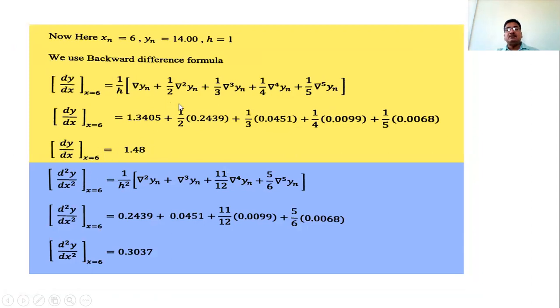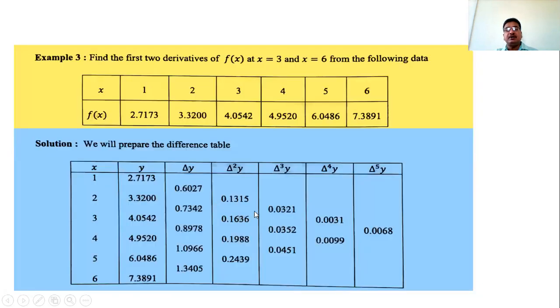And this is the notation del, whereas in the forward table there is the notation delta. But there is no need to prepare the backward difference table again. What is the difference between the forward difference table and the backward difference table? All the entries are the same. Just write del in place of delta.